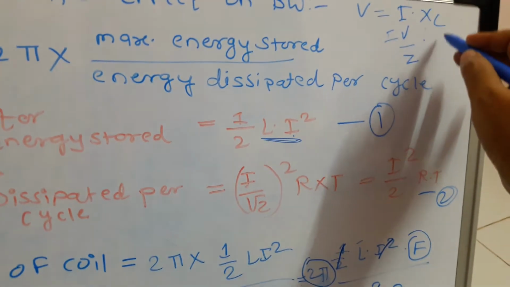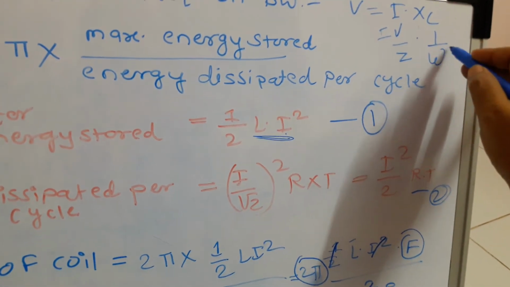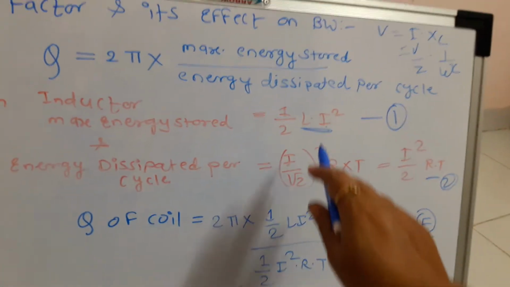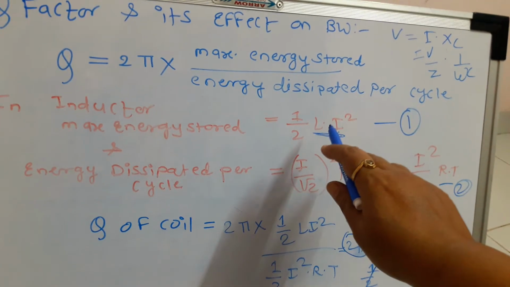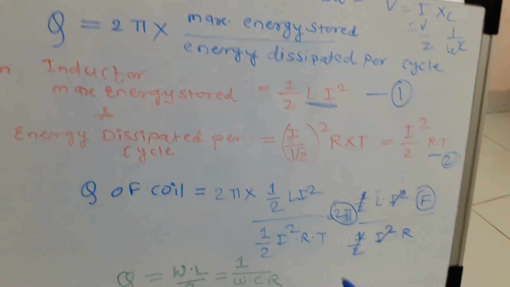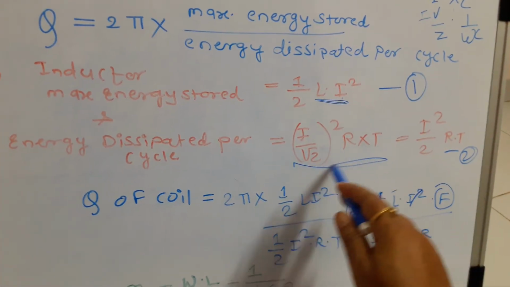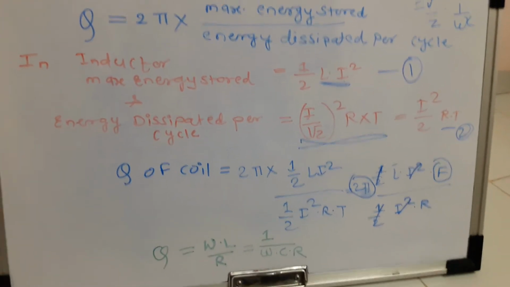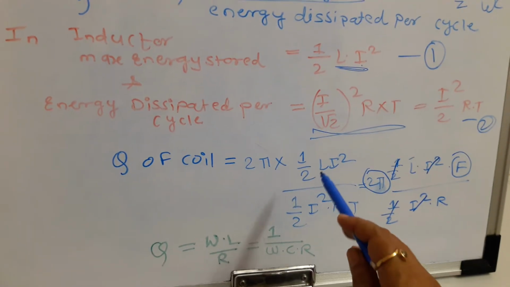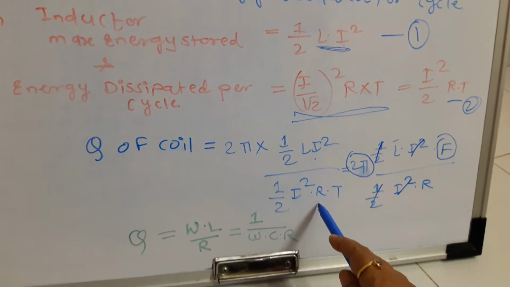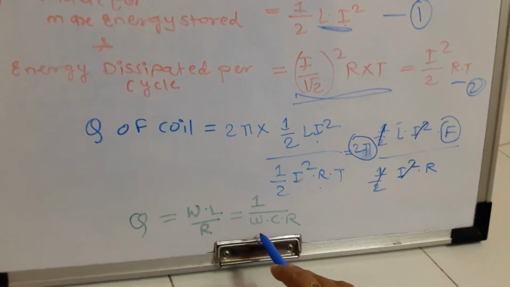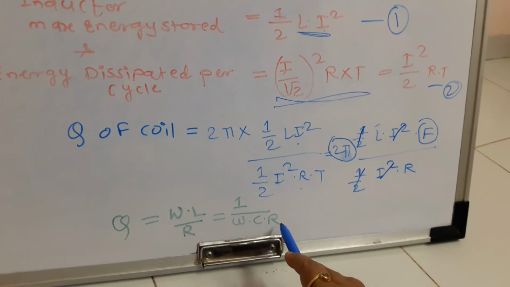Xc is nothing but 1 upon omega C. So we will have energy stored for the capacitor, but the denominator will be same because energy dissipated in the resistance will be same. And if we calculate ratio of energy stored divided by energy dissipated, we will come to the conclusion 1 upon omega C R.